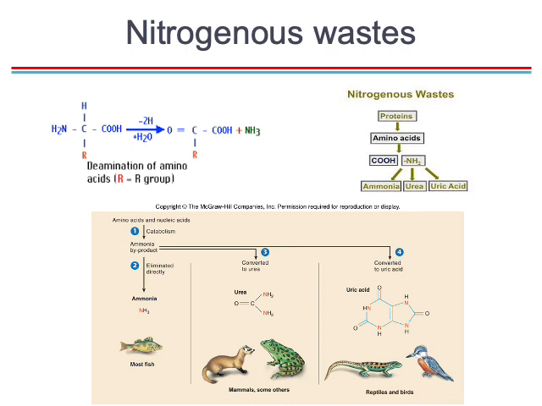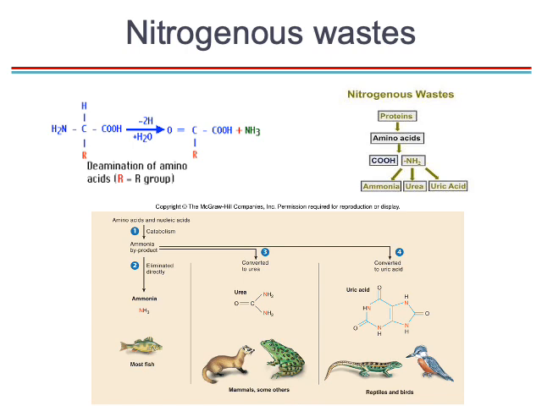If you look down at the figure at the bottom, you'll see that ammonia can be utilized as a nitrogenous waste product, but only in freshwater fish. It takes a lot of water to flush out ammonia so that ammonia does not hurt cells.